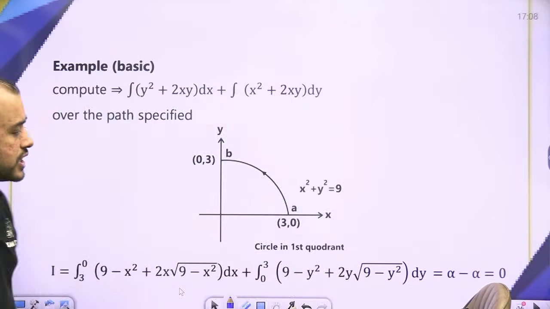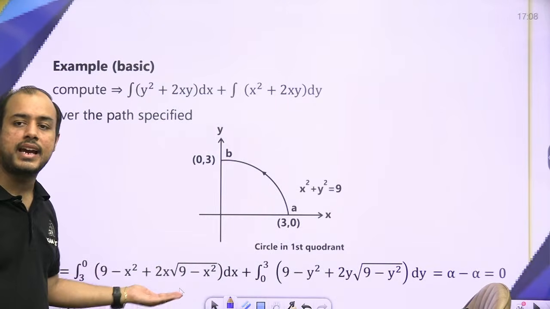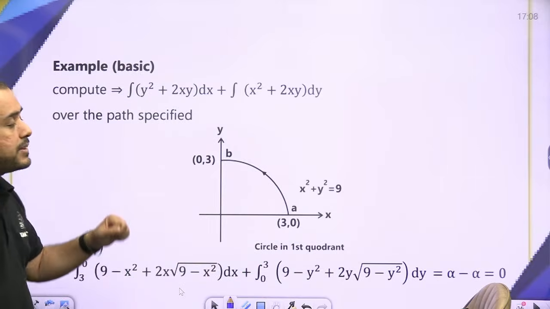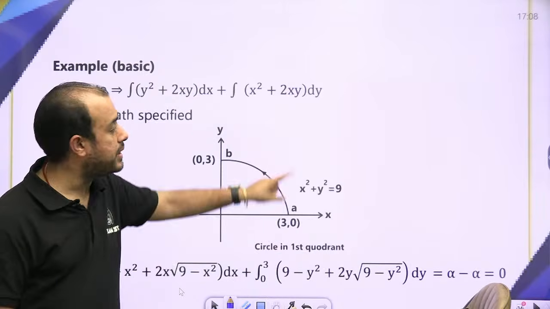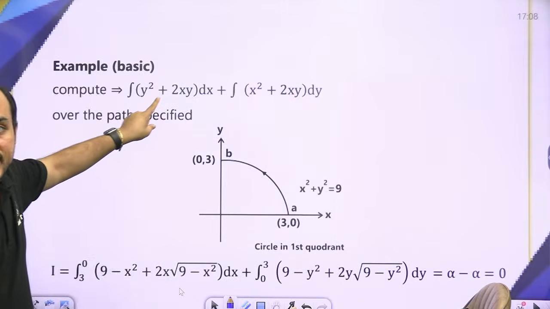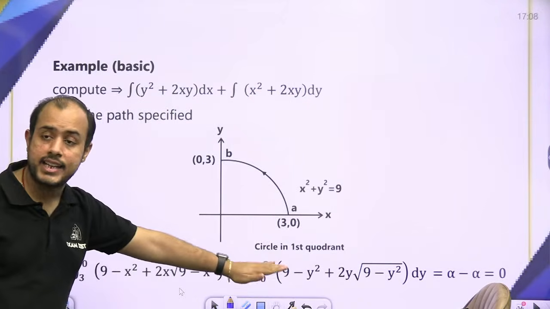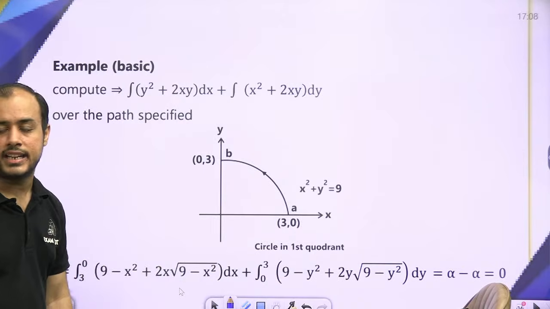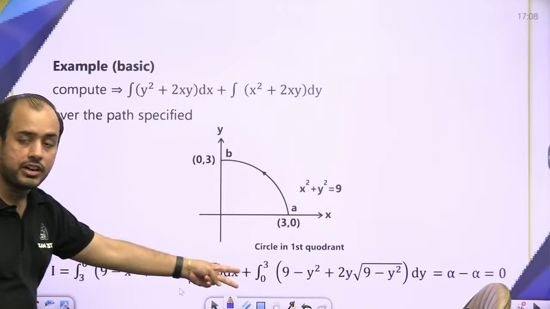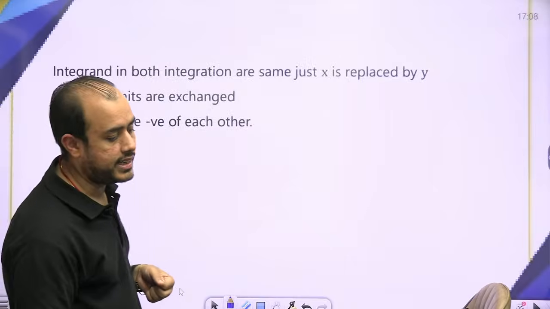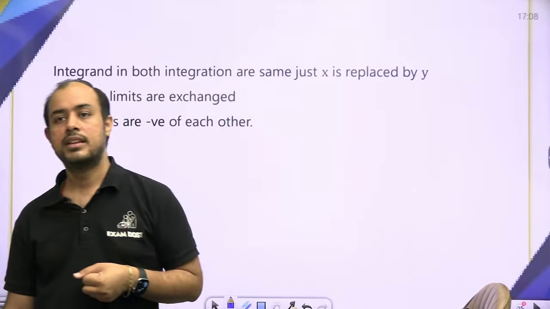Look at the function inside the integration, what difference does it make whether it is written x or y. Sir, why did you convert x into y? Because this is dy. Why did you make y into x here? Because this is dx. Now the integrand is the same in both the integrations, but limits are reverse of each other, so the net integral is 0. Okay.